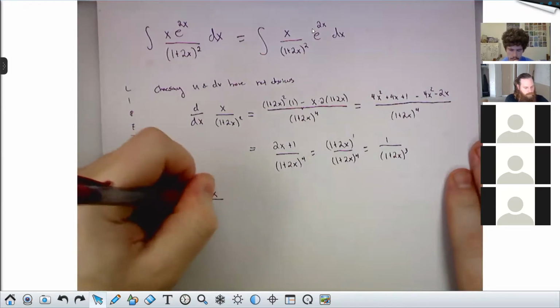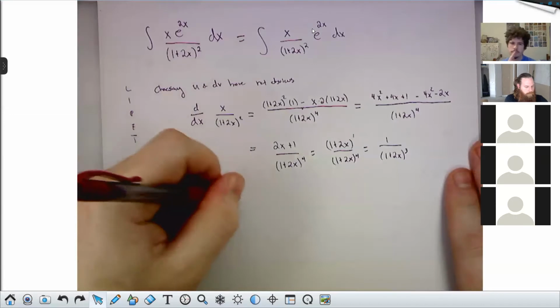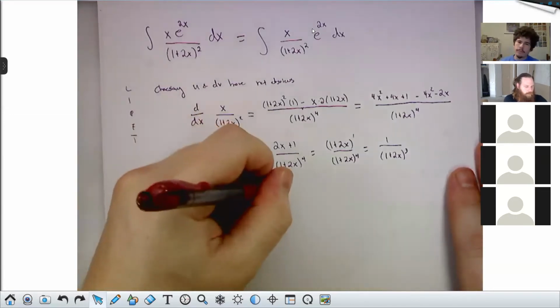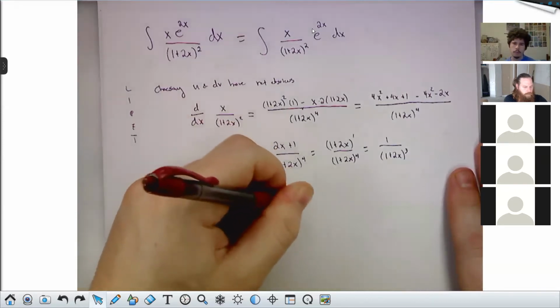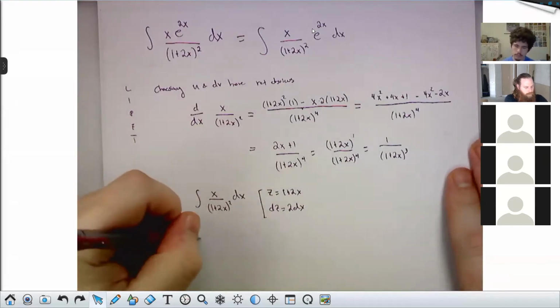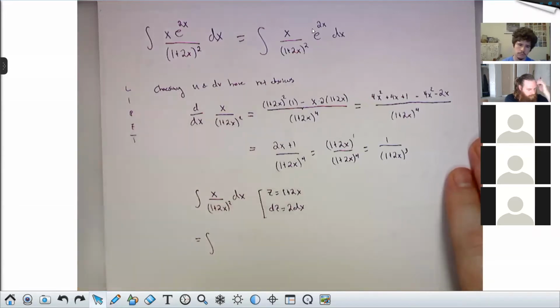of x over 1 plus 2x squared. So it would require a little substitution. z equals 1 plus 2x. dz would be 2 dx. So this is going to be, this is not pretty either.